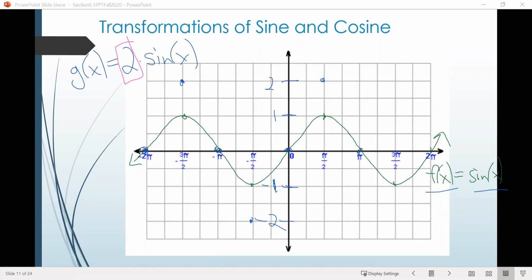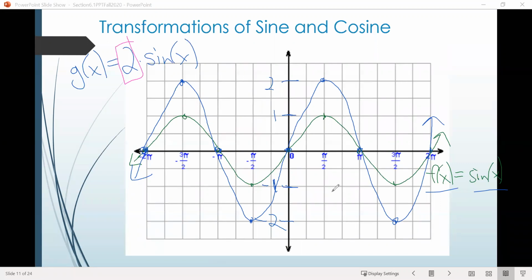At pi, that stays at 0. At 3 pi over 2, it goes down to negative 1, negative 2, excuse me, and then at 2 pi, we get that. So our transformed function would look something like this with the vertical stretch.